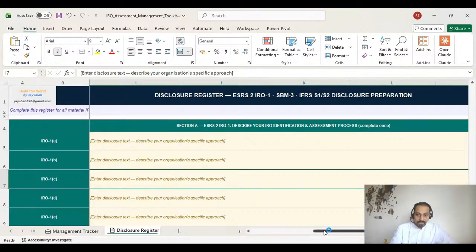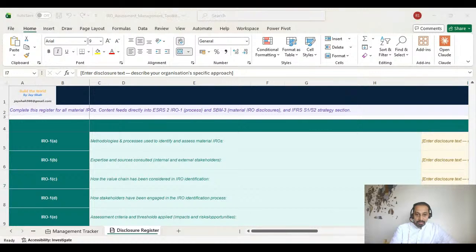So this is the overall sheet of the 8 sheets that we already have. You can download it through the link that I'm going to provide you, and you can model your resource based on your products, review your existing enterprise risk register for the sustainability dimension, and identify who in your organization needs to be part of your cross-functional IRO working groups.